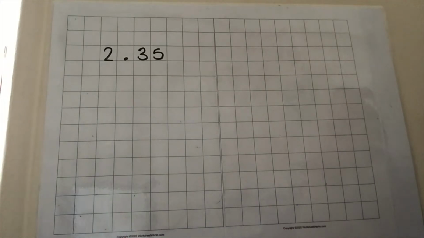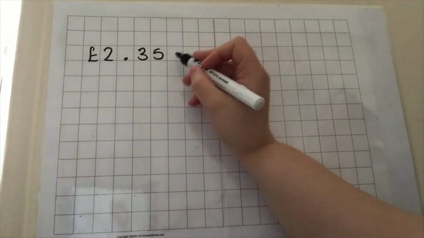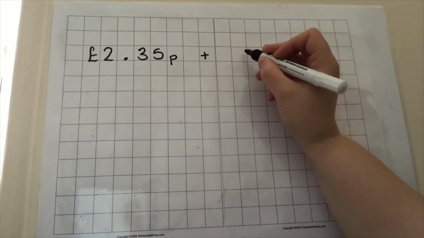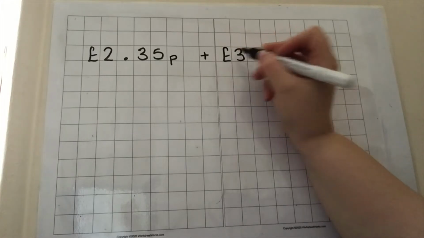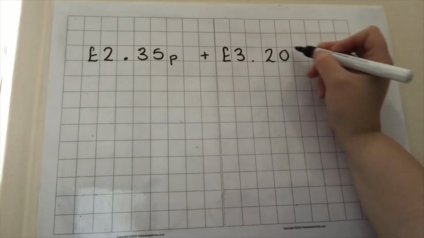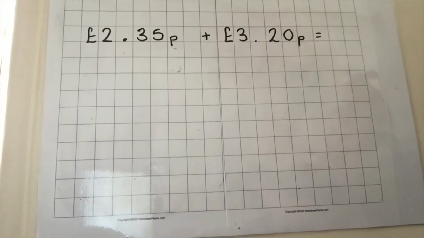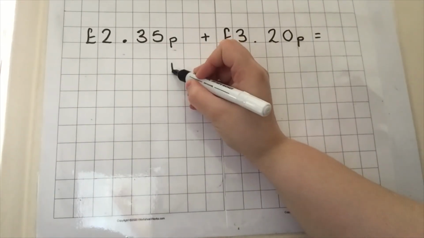Now, I've written it like that because in the problems you're going to have them written like that, because this is £2 and 35p add £3 and 20p equals.